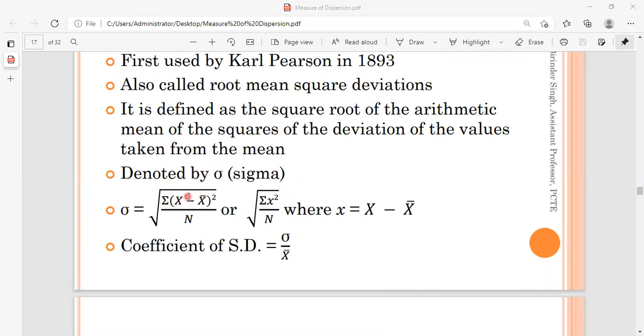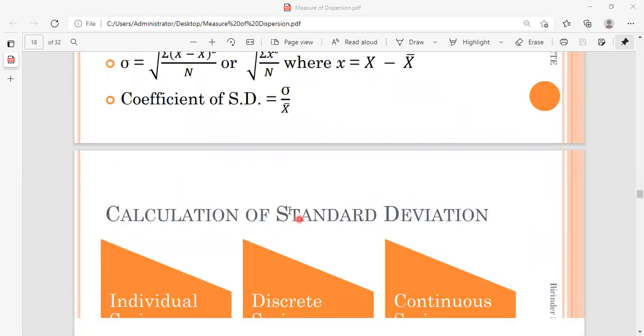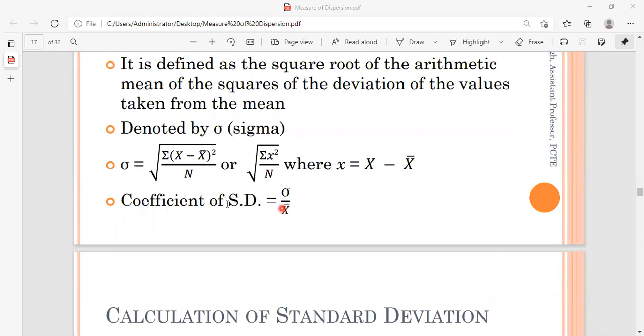These two formulas have the same meaning, but we replace x minus x bar by small x for convenience and easy writing. The coefficient of standard deviation is also called the coefficient of variation.